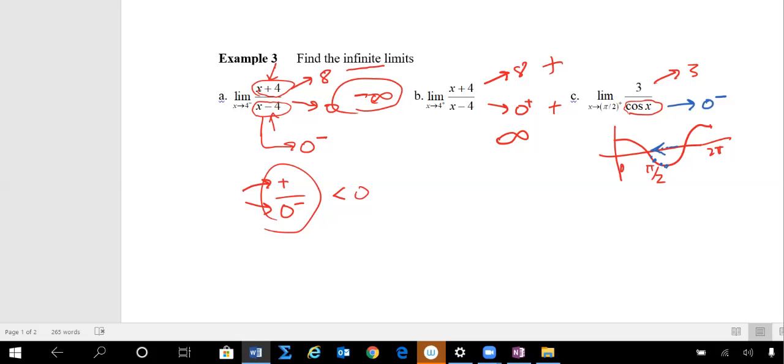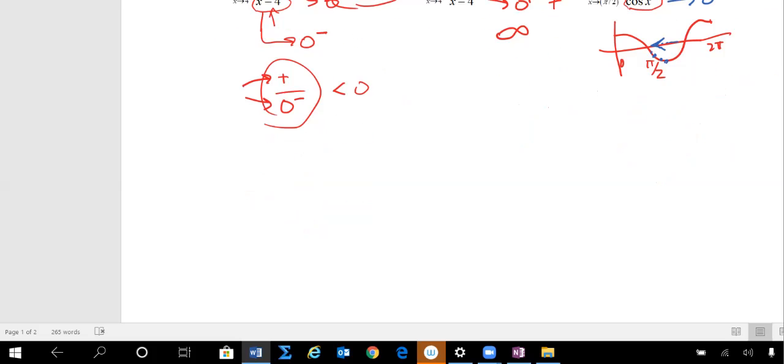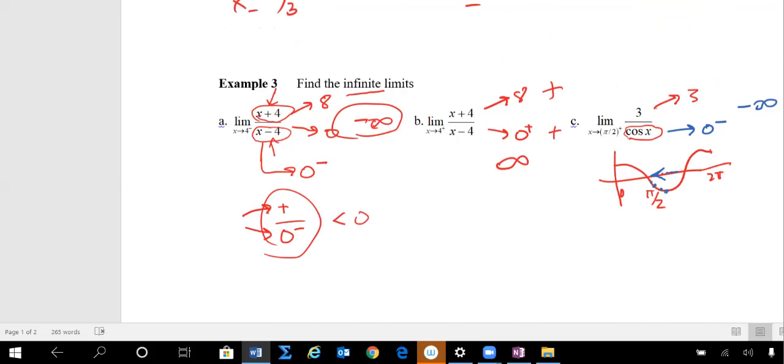So we have a 3 in the numerator and numbers in the denominator that are negative, getting closer to 0. So we're saying this is going to be negative infinity. Okay, so that's about it. That's a simple way to evaluate those. Let's see, what else do we have? I guess that's it.